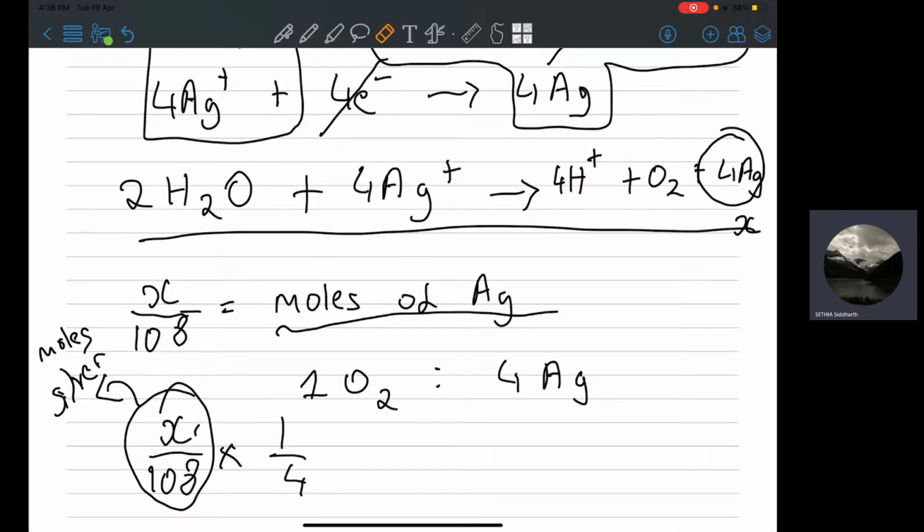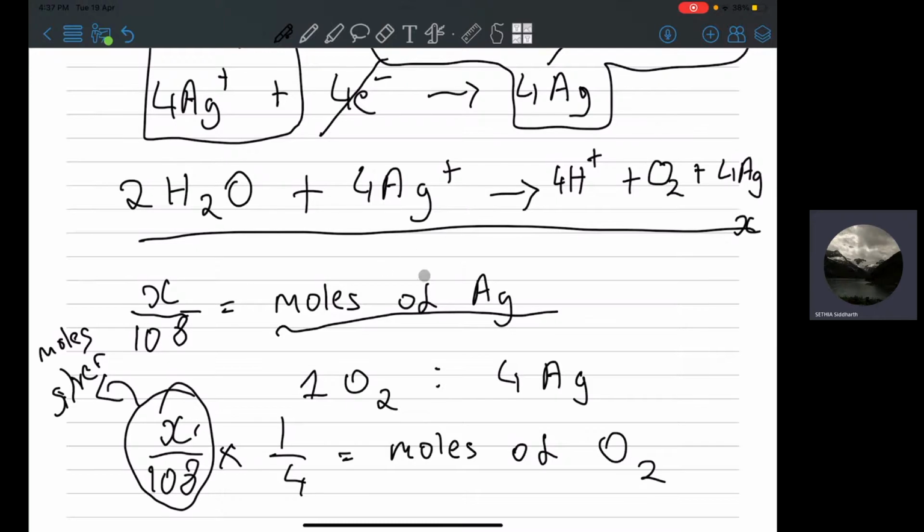We can see over here, I've not written the 1. We don't typically write the 1, but this 1 exists over here, right? We don't typically write it, but it exists. So hopefully you can see how I have got the moles of oxygen. So X over 108 times 1 over 4 is going to give us the moles of oxygen.